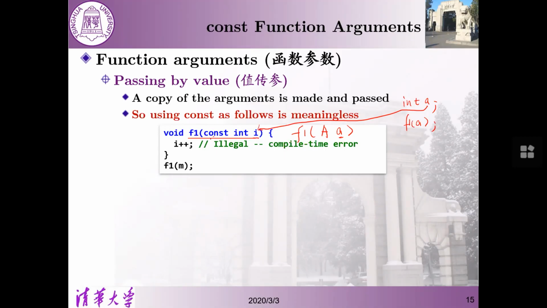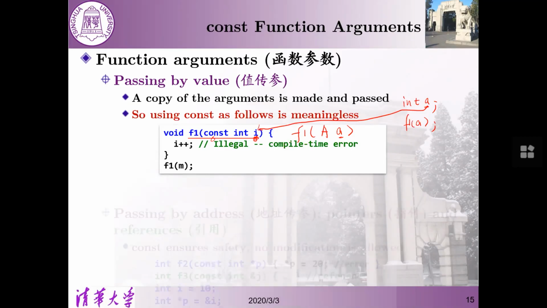Because if we use const here, that means we do not want to modify this parameter, right? However, because it is already a copy of the original parameter, modifying this variable is meaningless. It does not affect the original parameter. For this reason, using const for passing by value arguments is meaningless.